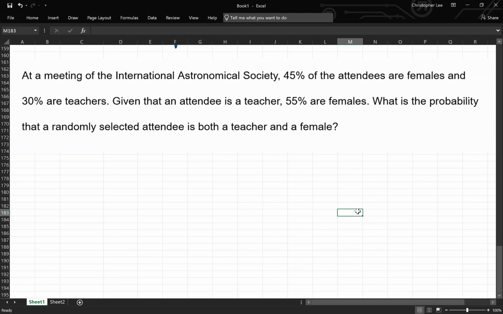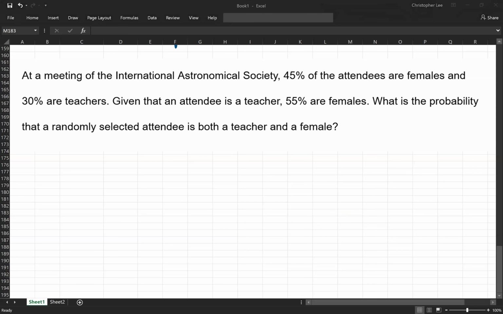What's the key word in this? Okay, I like that one. Give me another keyword. Randomly? That's another good one too. And that's the keyword right there. And, right? What I do whenever I have and.